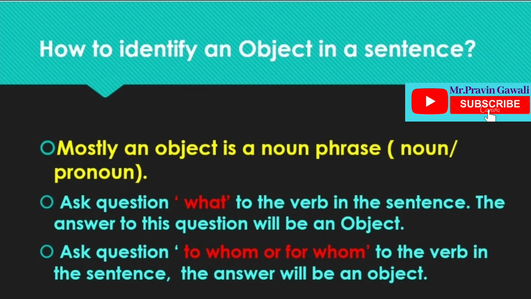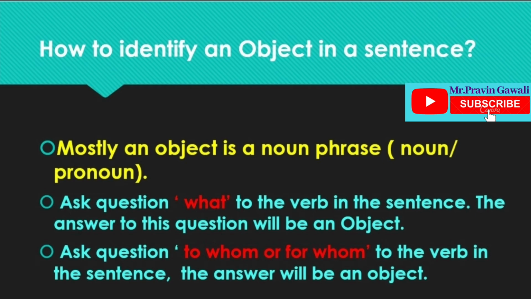Then you can ask a question to the verb in a sentence, that is what. Then the answer to this question will be an object. Have you understood this? What kind of question can we ask? I will give an example of it, just wait a minute.